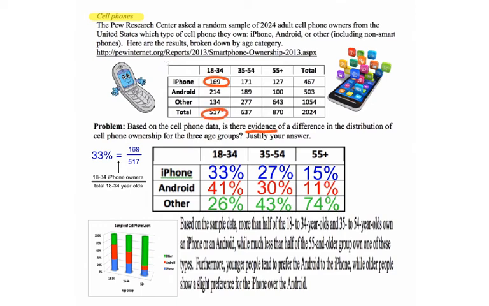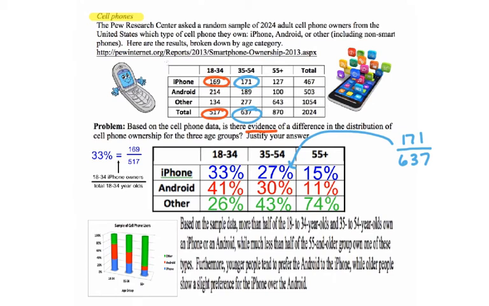So of all the 18 to 34-year-olds that responded to this survey, 33% of them use an iPhone. We could do the same thing for 35 to 54. I would take 171. That's going to go right here. 171 divided by 637. And I'm going to see that 27% of 35 to 54-year-olds use an iPhone.